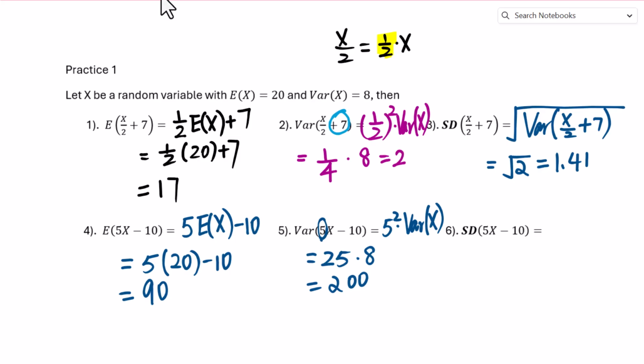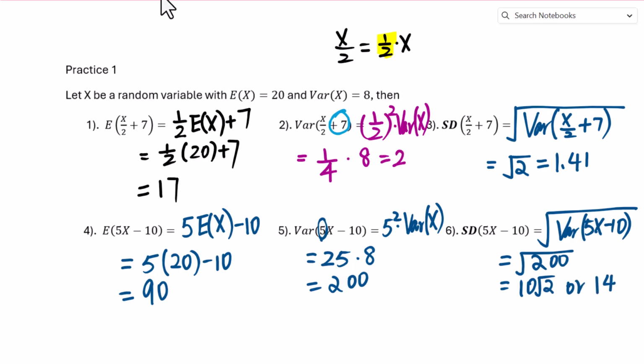Question 6. Standard deviation of 5X minus 10 equals square root variance of 5X minus 10 equals square root 200 equals 10 square root 2 or 14.1.